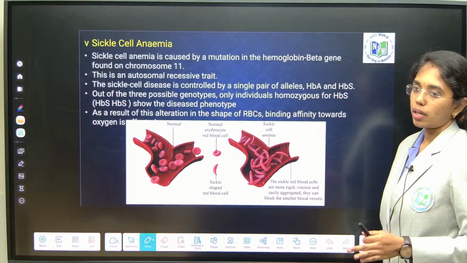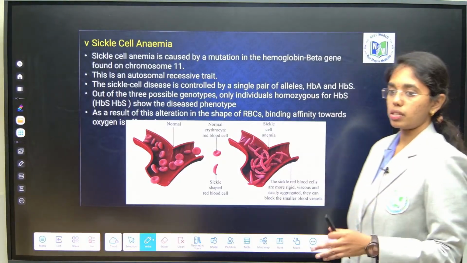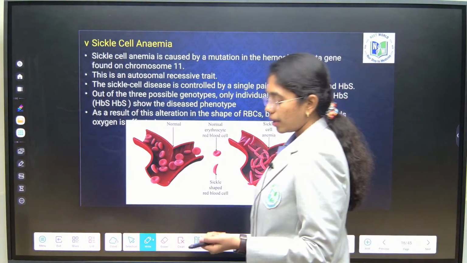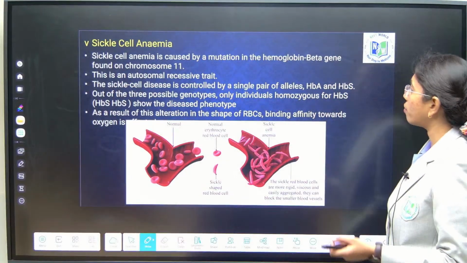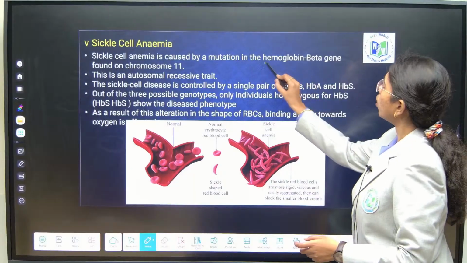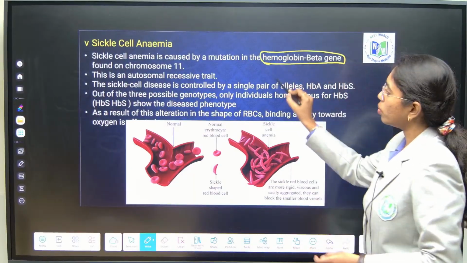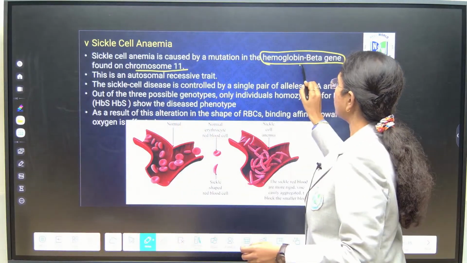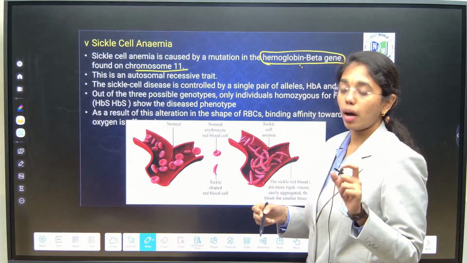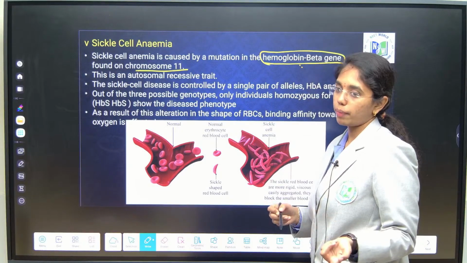Sickle cell anemia. Now we are starting with autosomal recessive disorders. Sickle cell anemia is because of a defect in one gene, that is the hemoglobin beta gene on chromosome 11. Usually the red blood cell shape is round and biconcave.